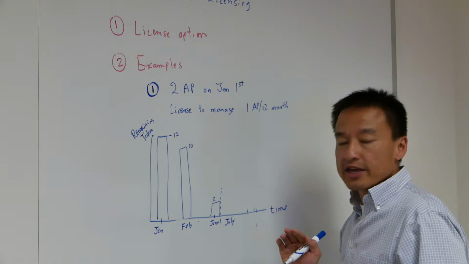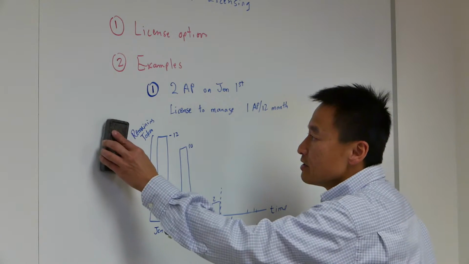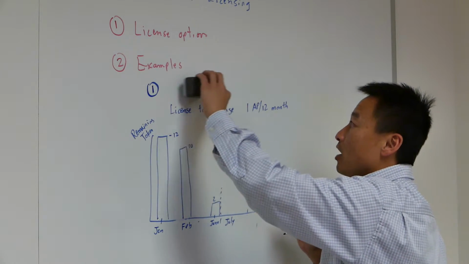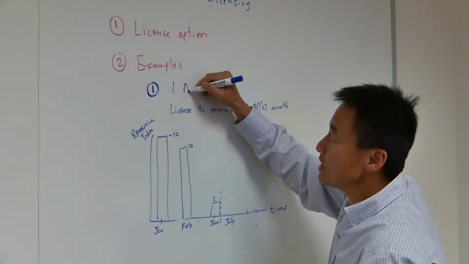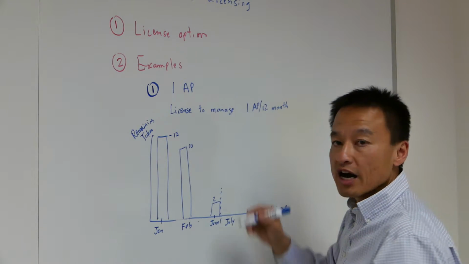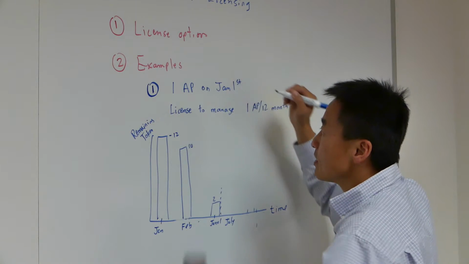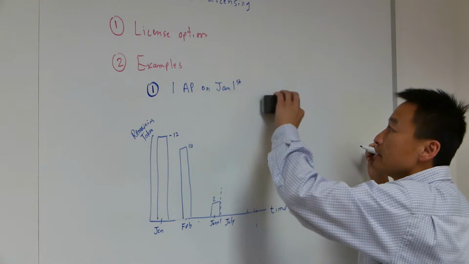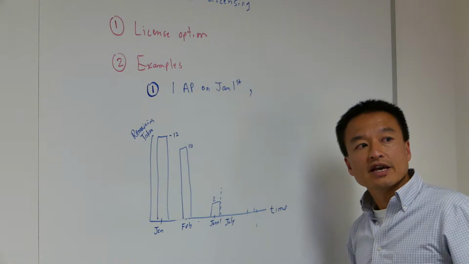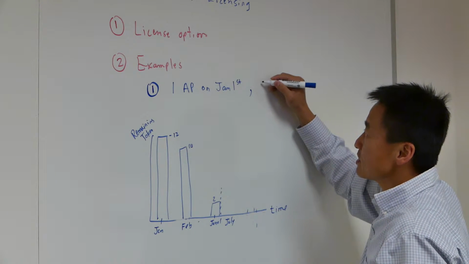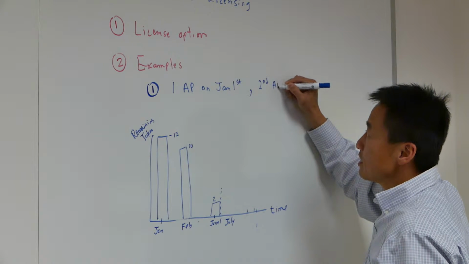For the third example, I'm going to get a little bit more complicated. Let's say we buy the APs at different times. I bought 1 AP on January 1st, and let's say I buy the second AP in June.